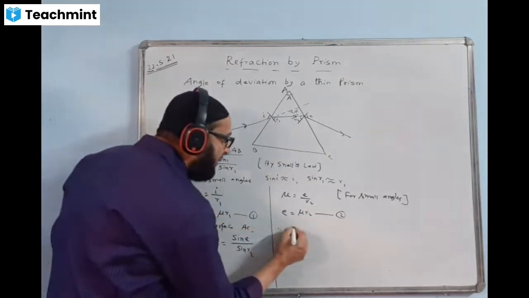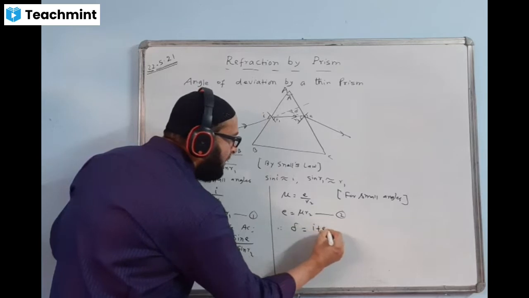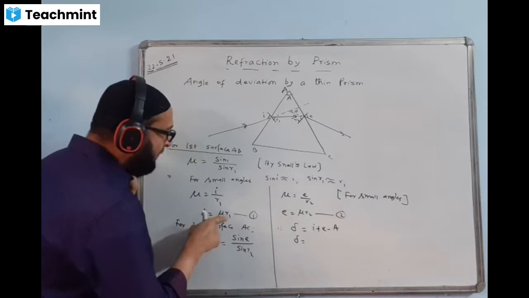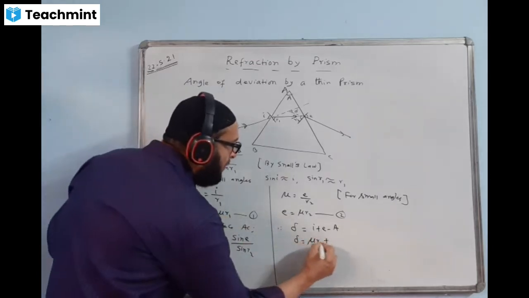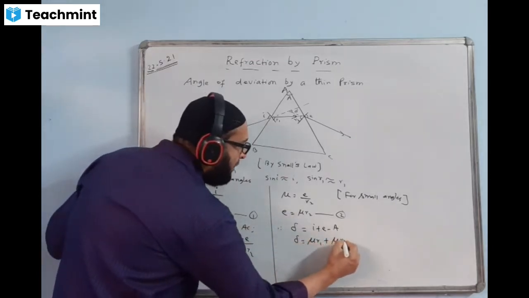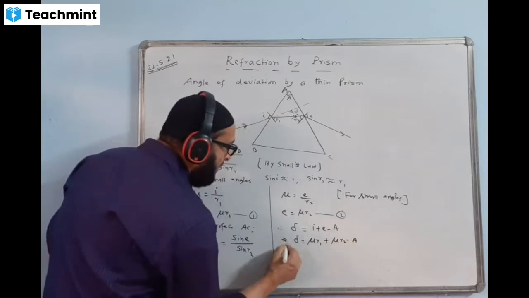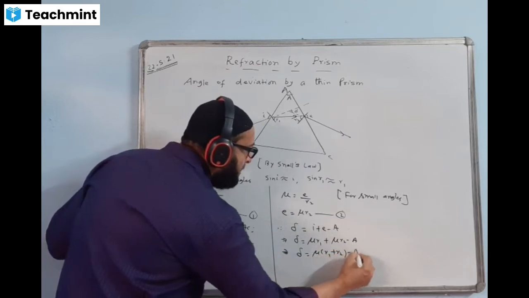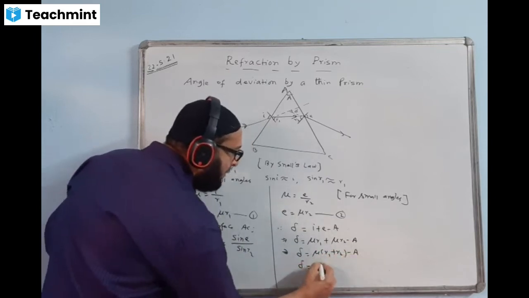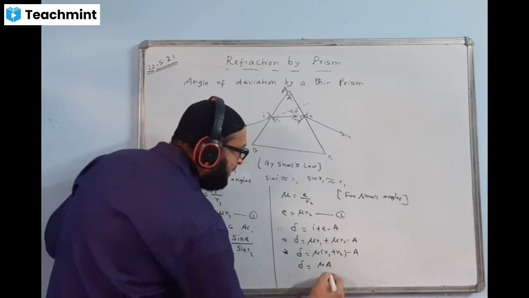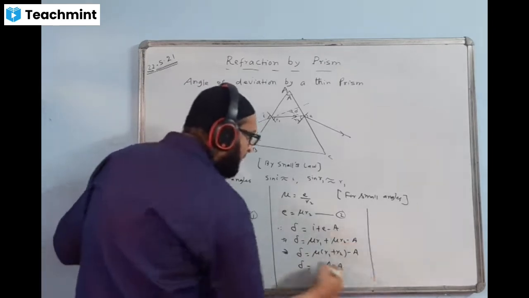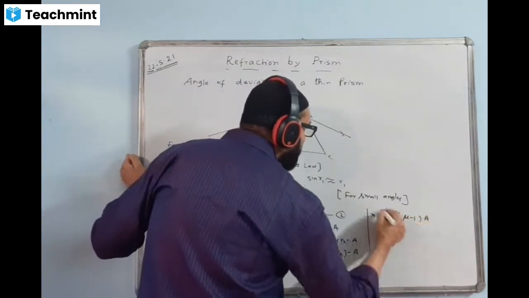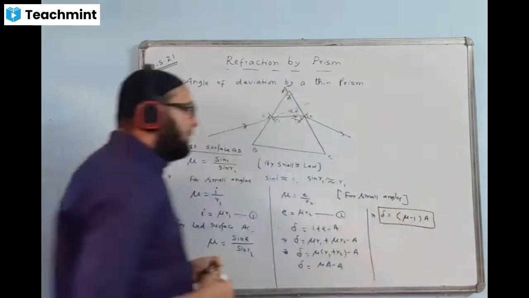Therefore, we will find the angle of deviation. The delta formula we have got is I plus E minus A. I'll put the value of I from equation 1, mu R1, and the E value, mu R2, minus A. Mu is common, you get mu into R1 plus R2, minus A. R1 plus R2 value becomes A, so mu A minus A. Taking A common, the answer becomes mu minus 1 into A. So this becomes the formula.